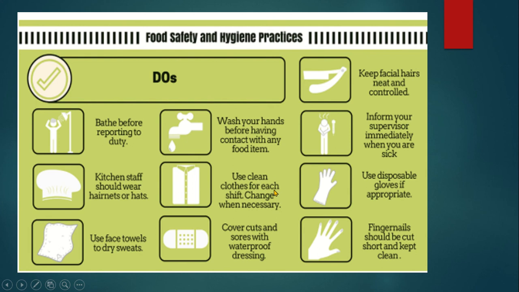Use clean clothes for each shift. Change when necessary. Cover cuts and sores with waterproof dressing. Keep facial hair neat and controlled. Inform your supervisor immediately when you are sick. Use disposable gloves if appropriate. Fingernails should be cut short and kept clean.